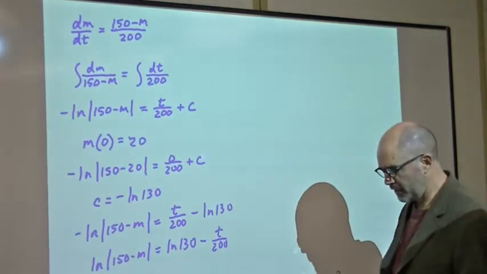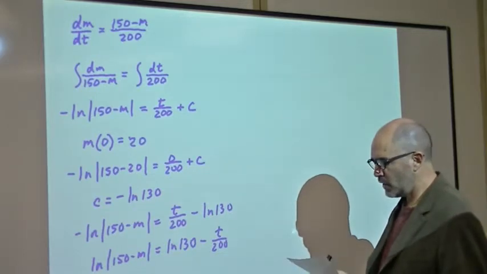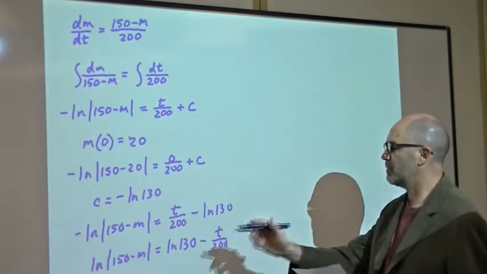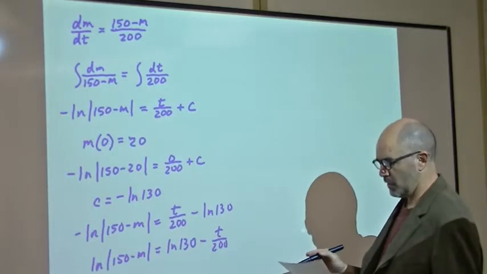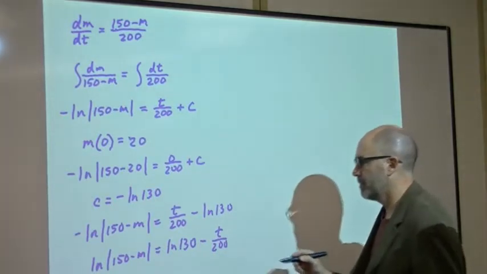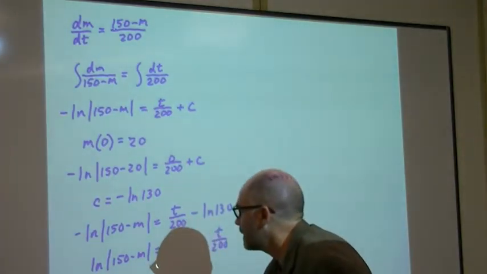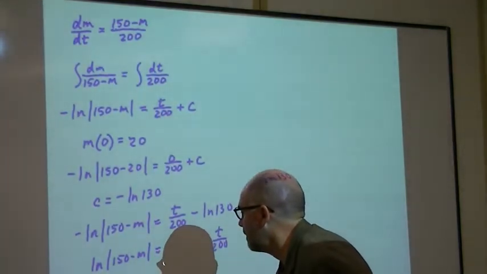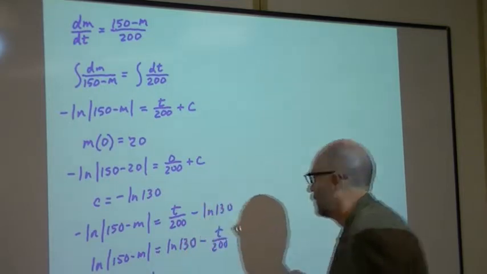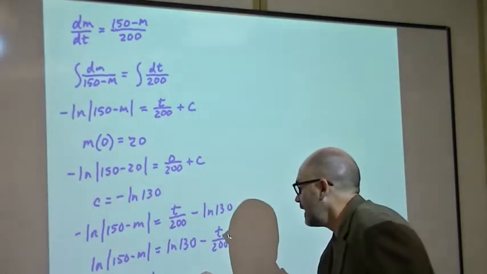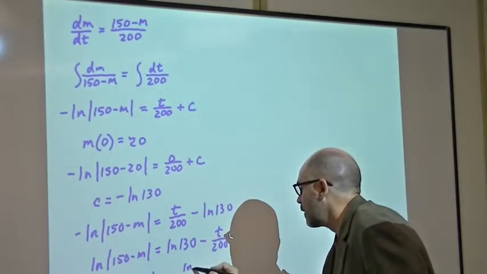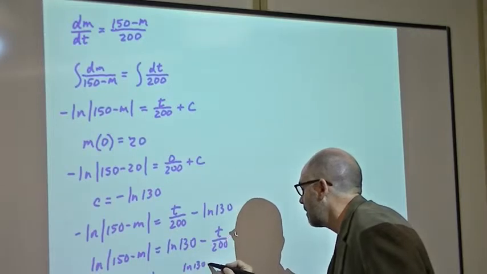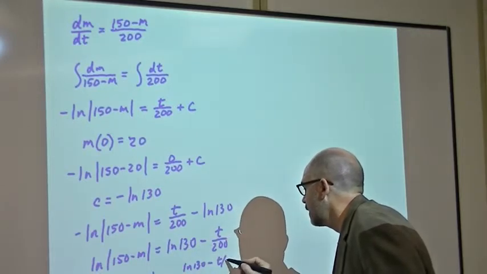Now we got to get rid of the natural log, so we take both sides to the power of e, and so we're going to end up with absolute value of 150 minus m equals e to the natural log 130 minus t over 200.